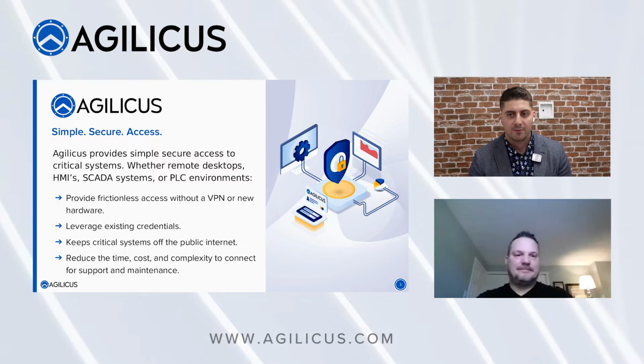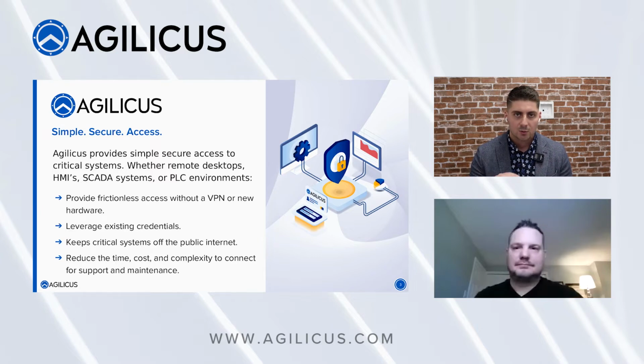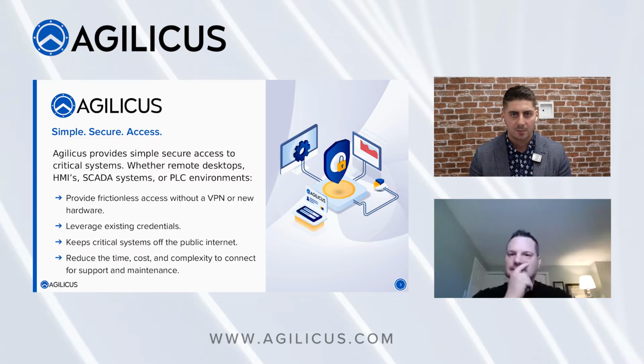With that, for the folks who are unfamiliar with Agilicus, whether you're a new face or you're just attending our webinar for the first time, a quick overview. Agilicus, we're a cybersecurity company first and foremost. We focus on providing secure access to critical systems. Our focus is you can access that system on any device, no matter the use case, whether it's remote desktop, an HMI that you have, a SCADA system, PLC, or other environments as well.